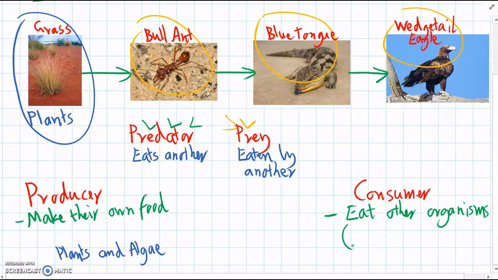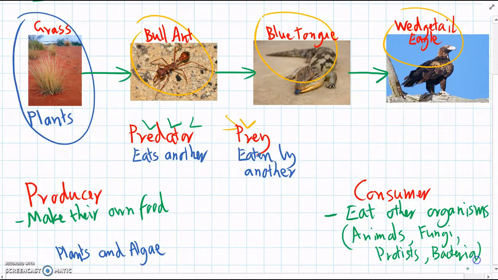So this includes all of our other kingdoms that we've learnt about: animals and fungi, protists and bacteria. These are all consumers, although some bacteria are producers as well, and some protists.